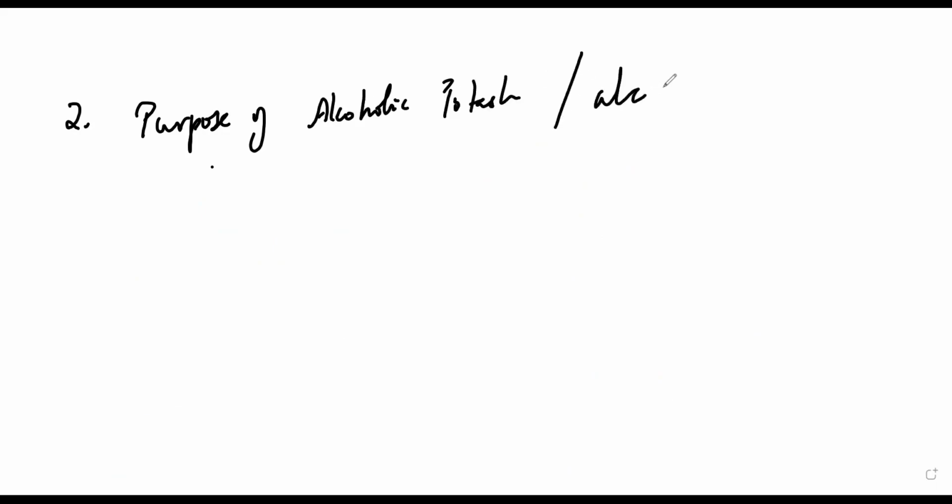The purpose, in the second question, of alcoholic potash, or simply writing, alc. KOH, is for the preparation of alkenes from haloalkane. In the sense, to convert haloalkane to alkene. This is the main purpose of this.